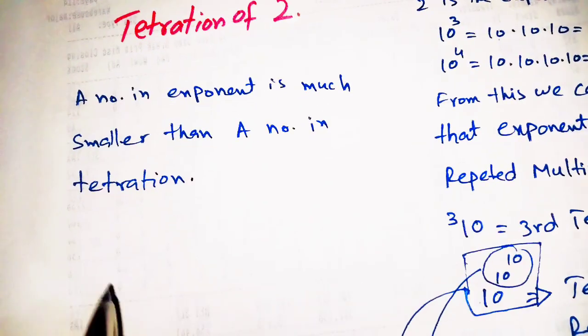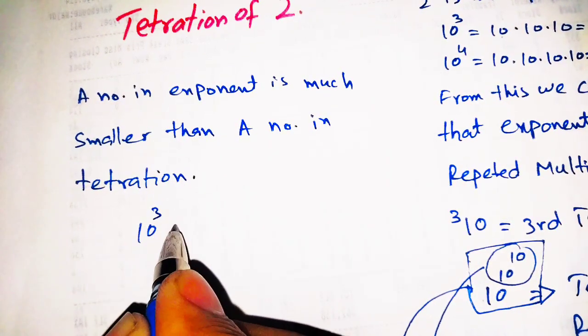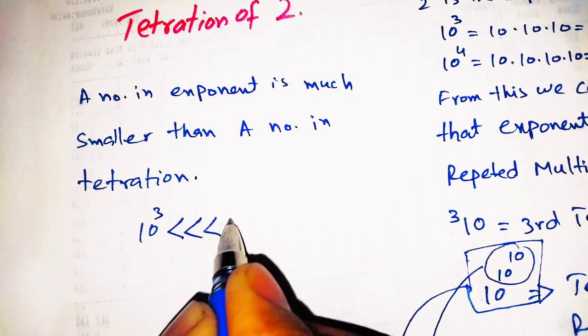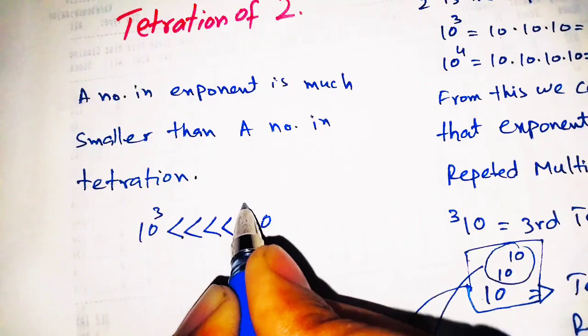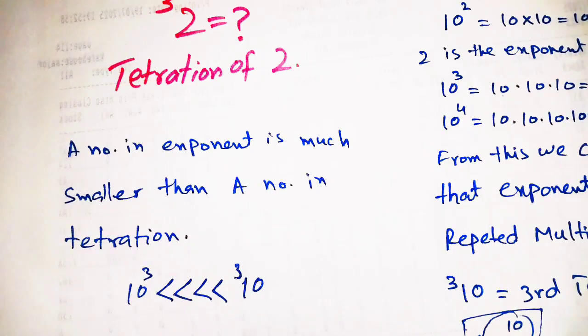From our given example, 10 raised to power 3 is very much smaller than the third tetration of 10. So this is the difference between exponent and tetration.